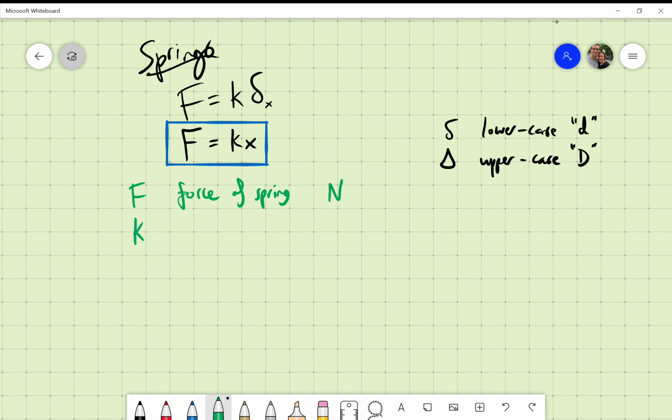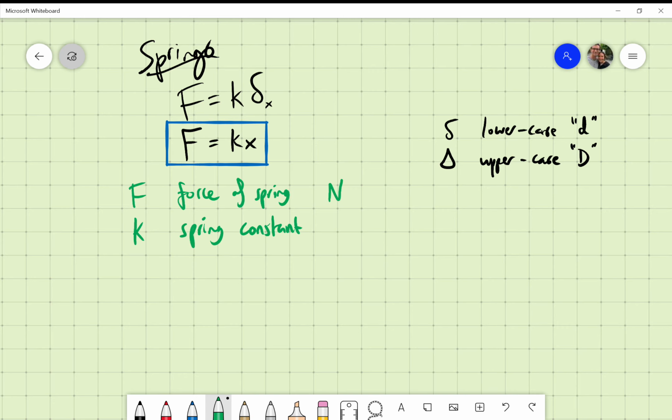K is what we call the spring constant, and this is a measure of how stiff the spring is. The correct word to use is stiff. You have stiff springs, you have soft springs. The springs that are under your car in your suspension system, those are what I would call pretty stiff springs.